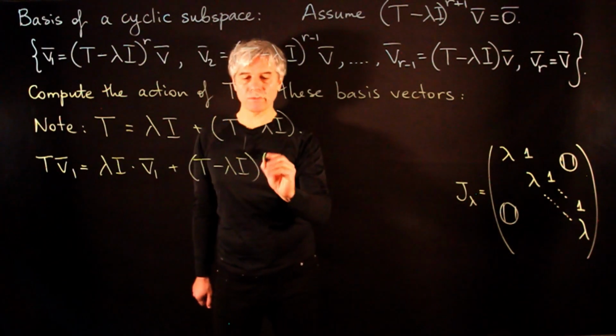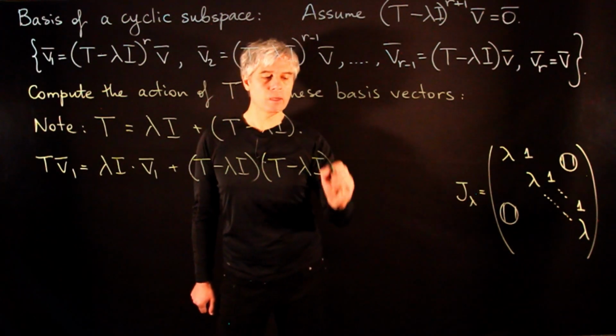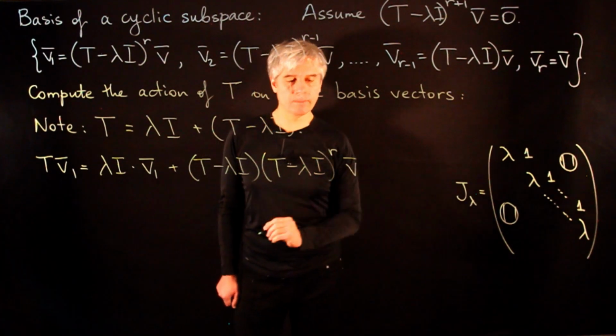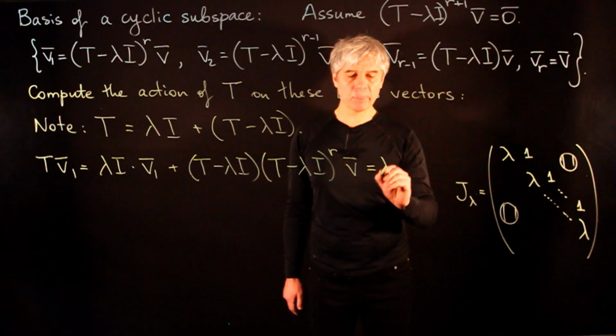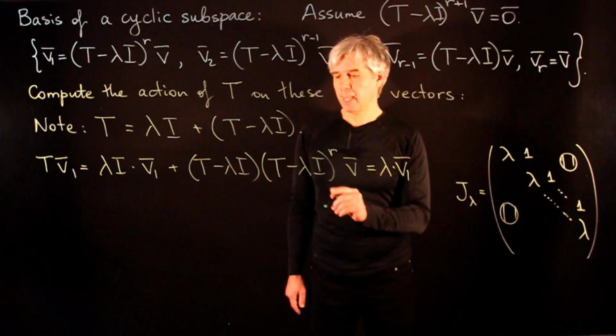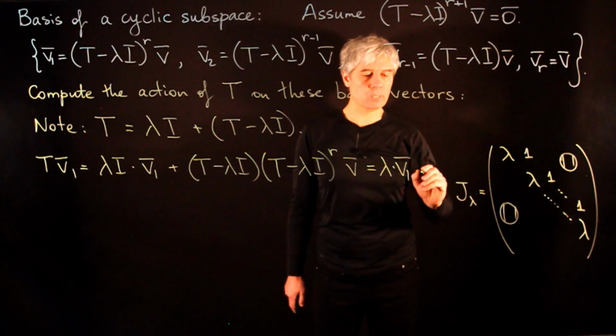And let's recall what's v1. v1 is (T minus lambda I) to the power r acting on v. So the first term will give us lambda times v1, and the second term is equal to 0 because of this assumption.